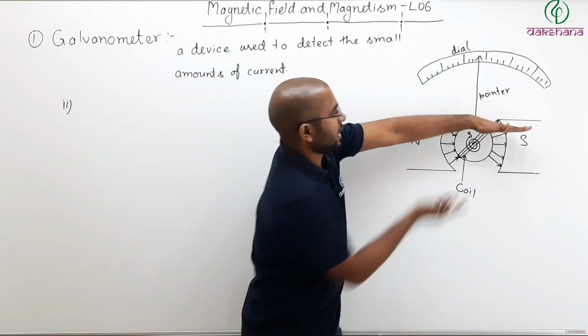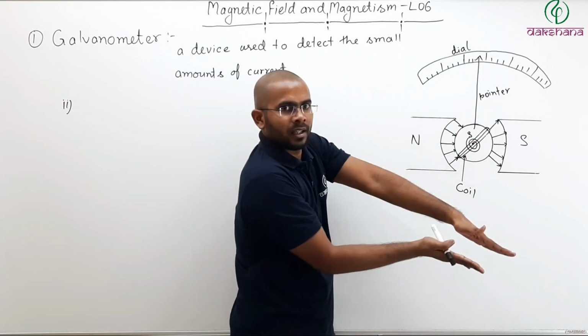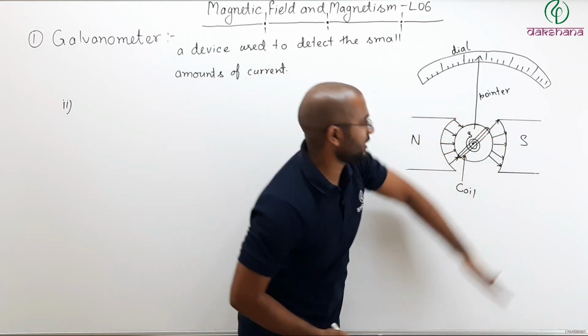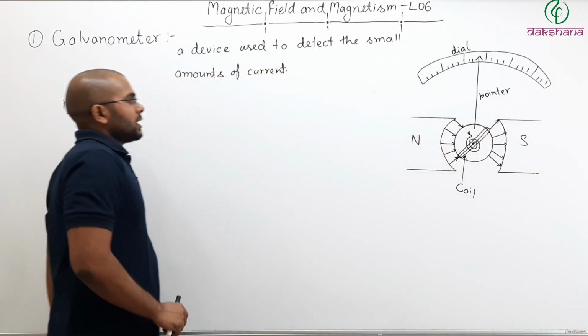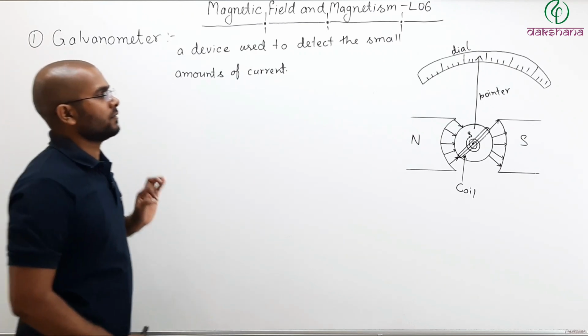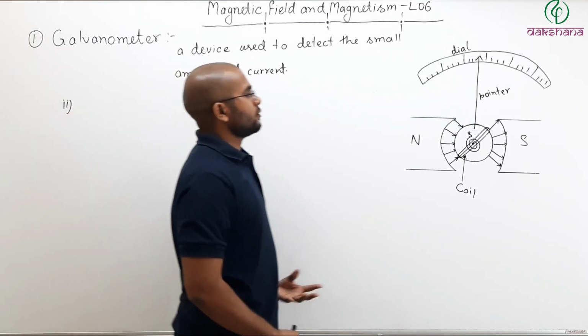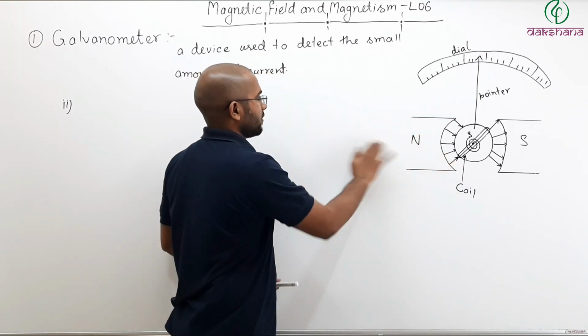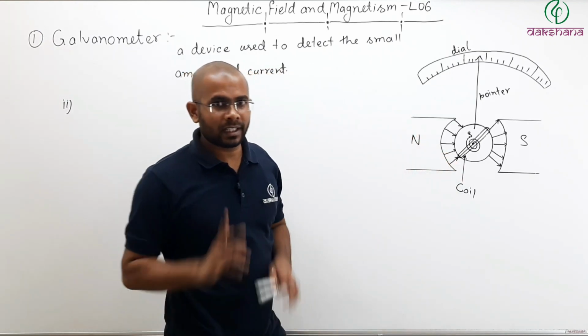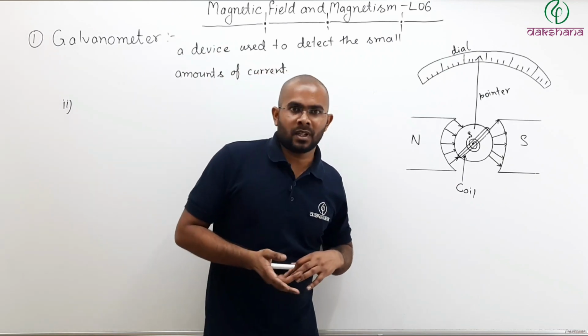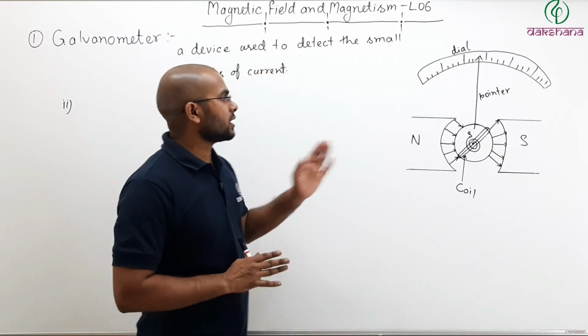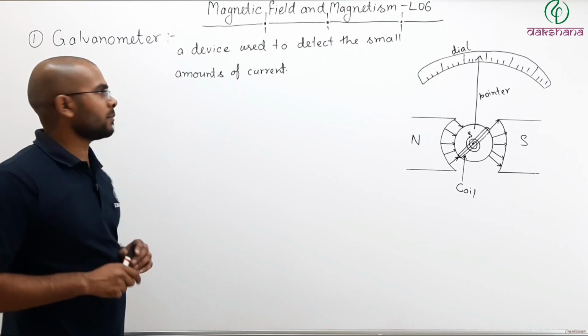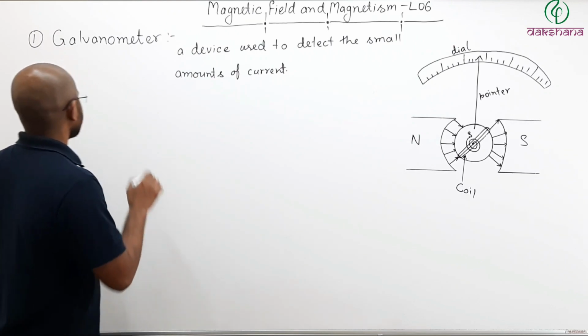It is not passing parallel. It is always passing through the center. So what is the significance of this? Why are we using a radial magnetic field instead of a parallel, uniform magnetic field? A radial magnetic field is not uniform. There is a very important point why we are using it.